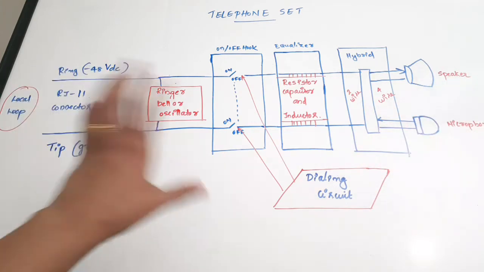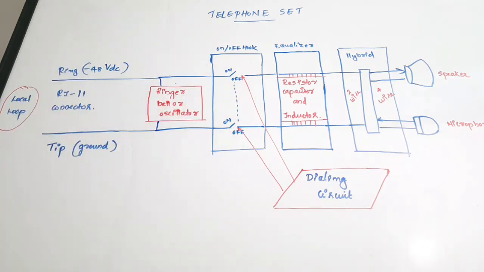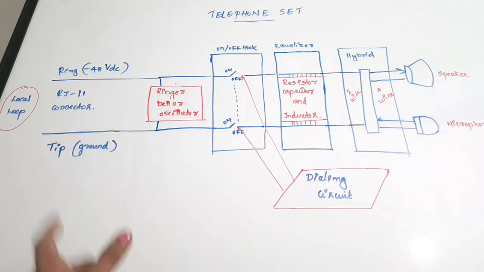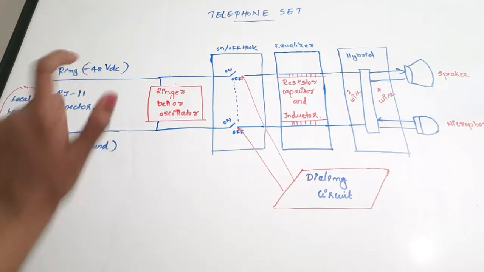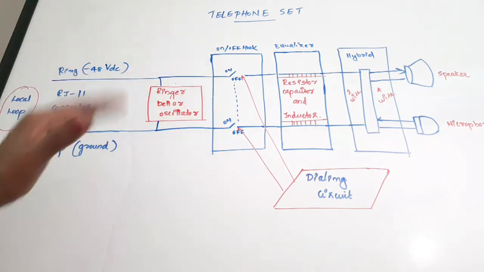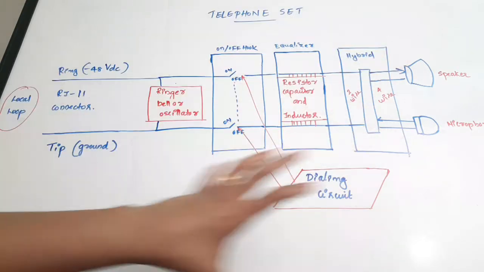This connection is established with the help of an RJ11 connector. That is the connection with the local telephone office, or what we call the local loop. I hope this much is clear. This pair of wires is what helps in the operation of this telephone set.